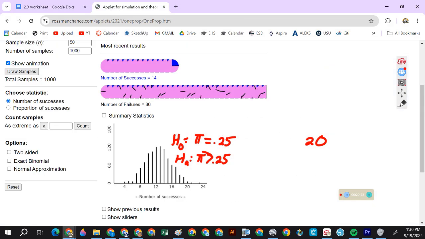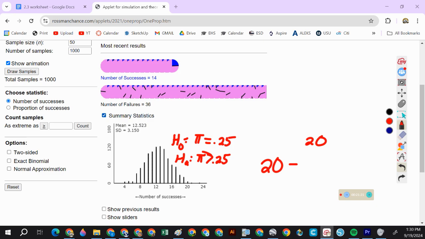Well, my standard deviation is probably going to be different from yours because you ran your own simulations. But there is a button here we can push, summary statistics, and it gives me a standard deviation of 3.15. Right above the graph it says summary statistics. So my z-score is going to be 20 minus, what is the expected value?